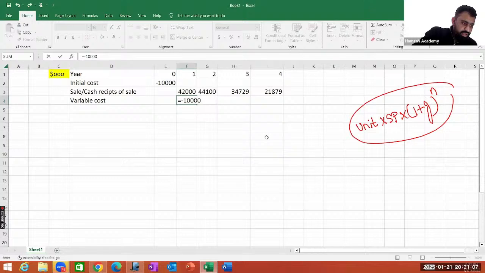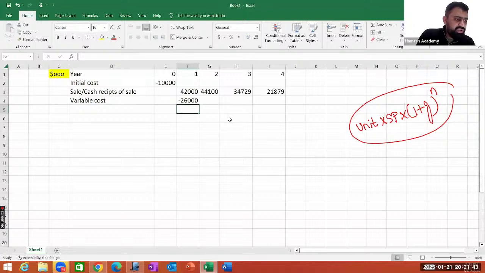Then it will be multiplied by the variable cost, and let's say the variable cost is 2.5 per unit, which is also in current price terms. Then it will be multiplied by the inflation rate of the variable cost. The inflation rate can be different from the sale price inflation for variable cost. Let's say the inflation rate is 4%, so 1.04. So that would be the variable cost of year 1.